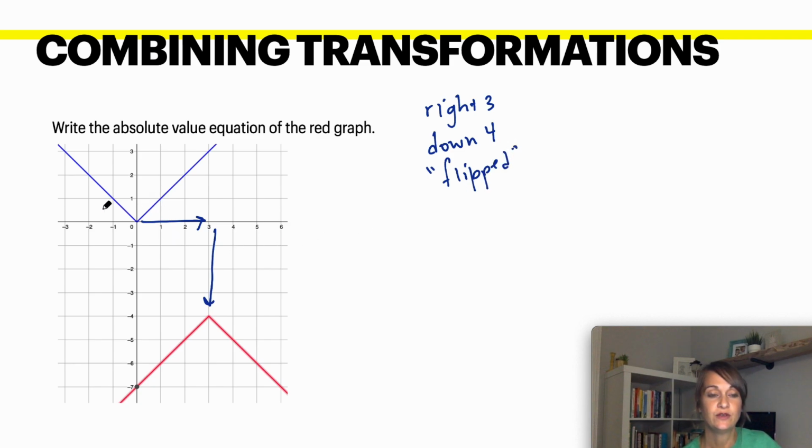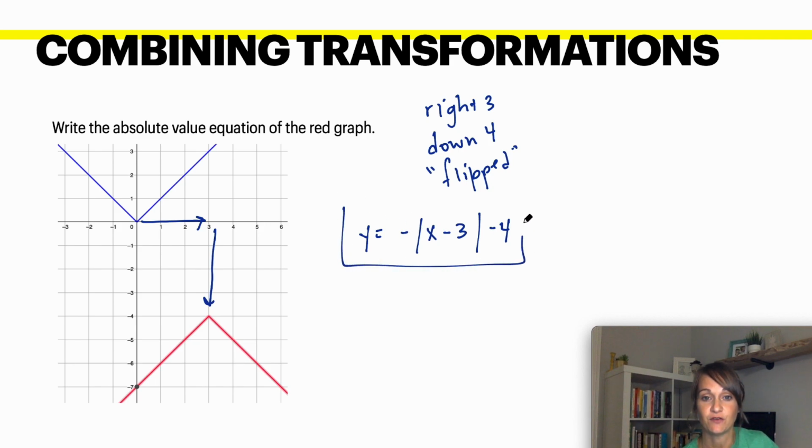So moving right and left is what happens on the inside of the absolute value. Remember, it's the opposite sign. So it is going to be x minus 3. When you move it right 3, you actually take the opposite sign. You moved it down 4, so it's going to be a minus 4. And then you also flipped it, which means you have a negative in front.